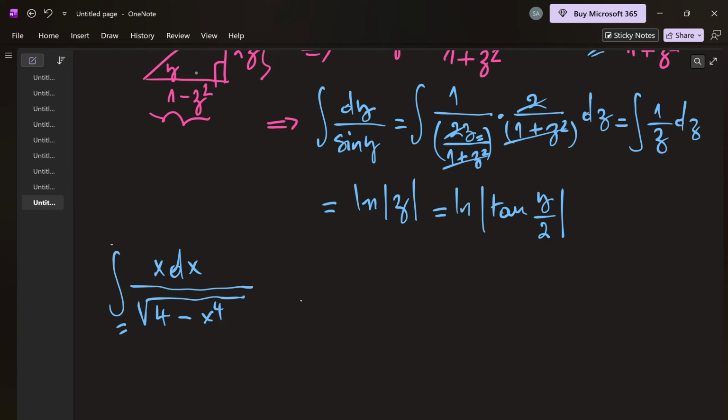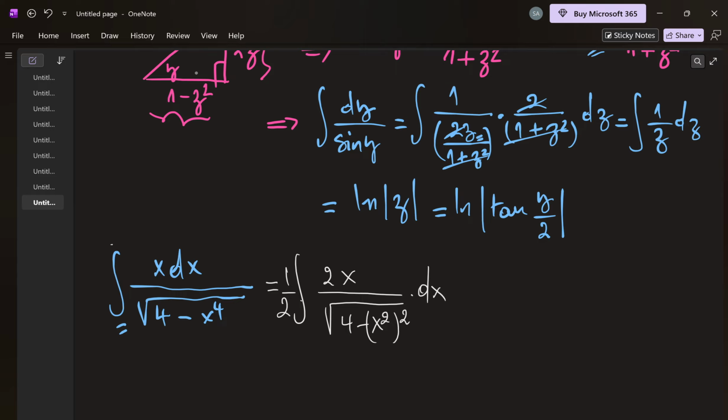To do this integral, we must do a change of variables. As you may see, you can rewrite it to this form. You divide and multiply by 2, and it becomes like this: 4 minus x to the power 4, which you might write as x to the power 2, all to the power 2, times dx.